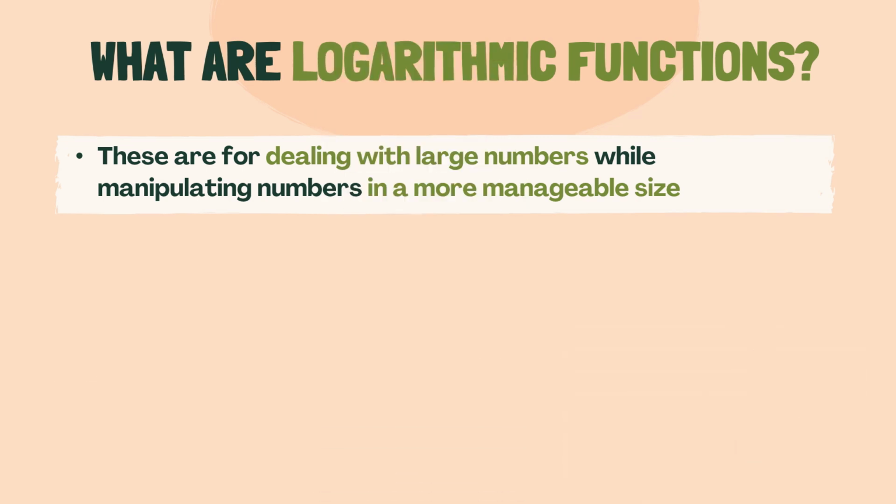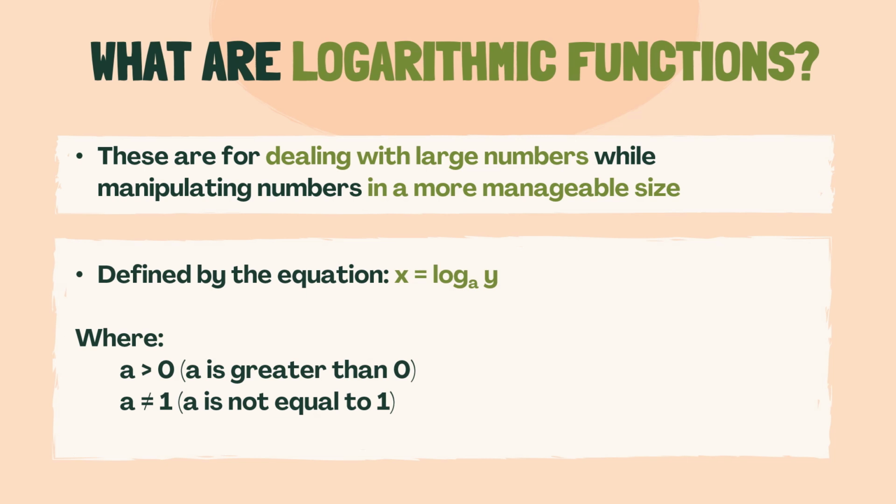An exponential function is defined by the equation y is equal to a to the power of x. On the other hand, the logarithmic function is defined by the equation x is equal to log base a of y, wherein a is greater than 0 and not equal to 1.